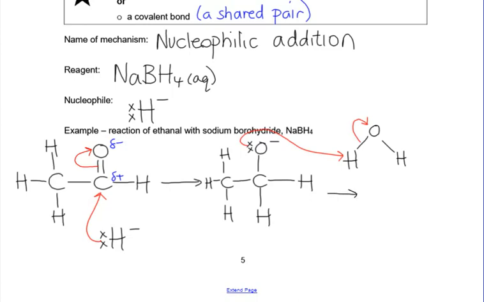And we're going to get CH3, C with an OH and 2 H's, that's our structure of ethanol, plus a hydroxide ion is going to be left over at the end. So the hydride ion is adding, breaking the double bond, and then the O- is using its lone pair to pick up a hydrogen atom from the aqueous solution.